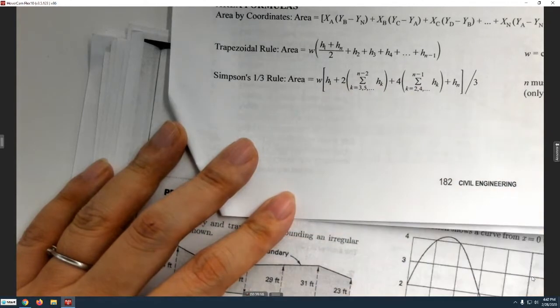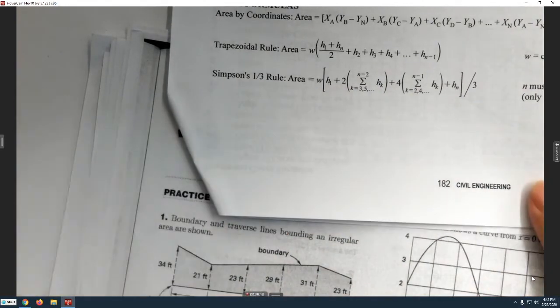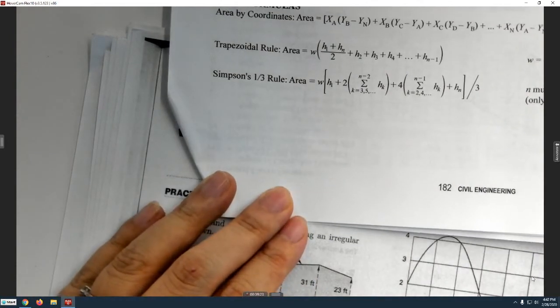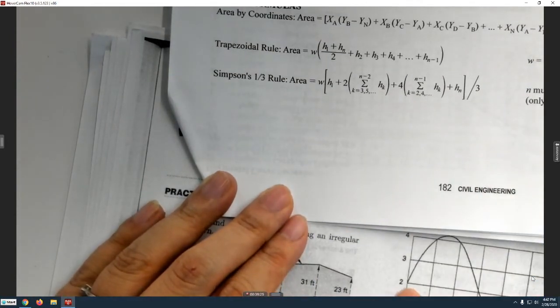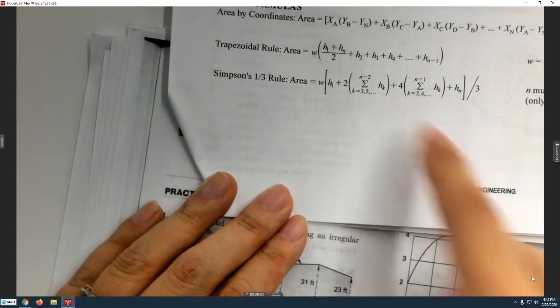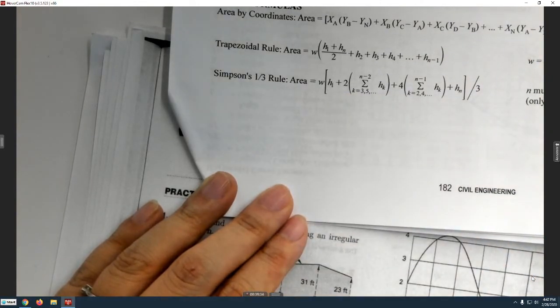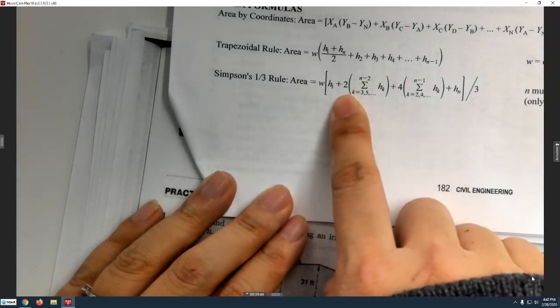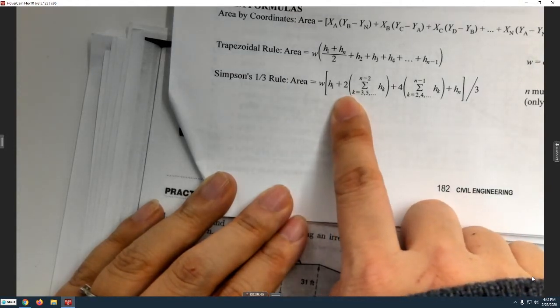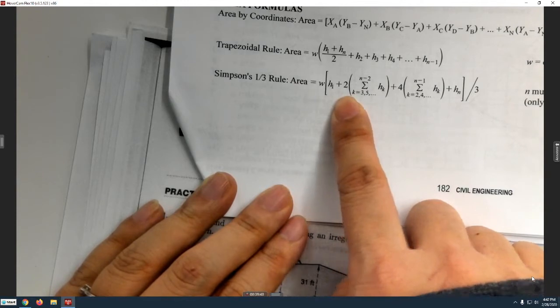So W again is the length of interval. It's 1 in this case. Okay, it's the unit interval. And then H1 is 2. And then 2 times everything from here, 2 times 4 plus 1.